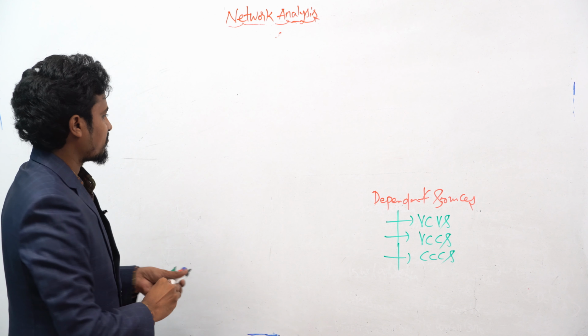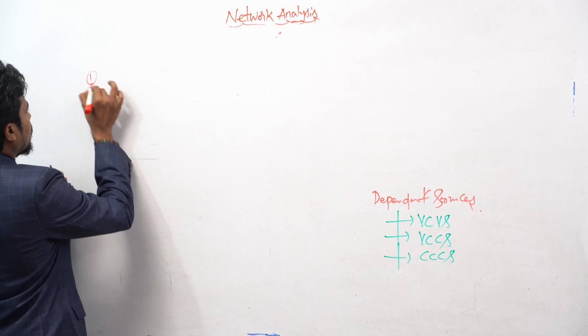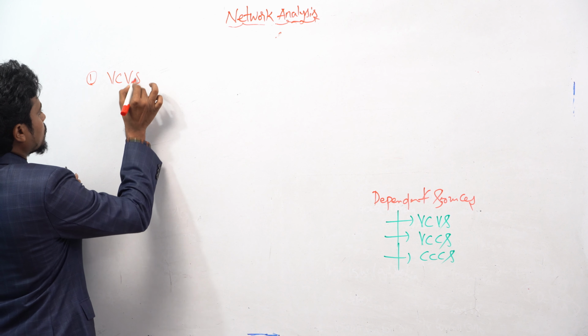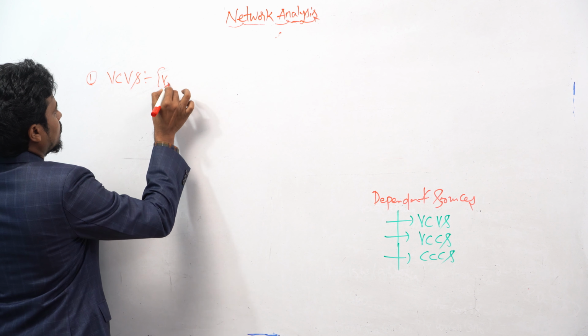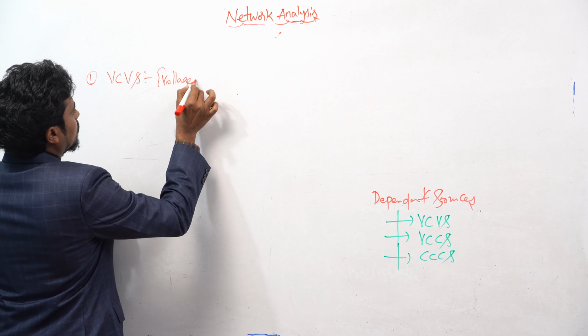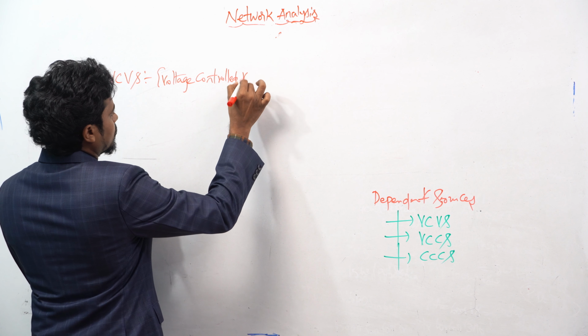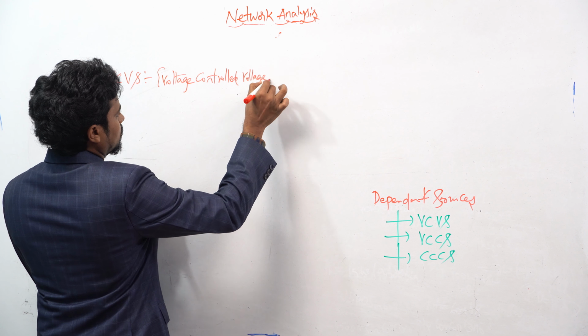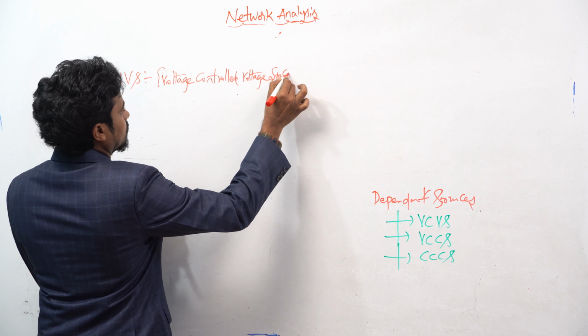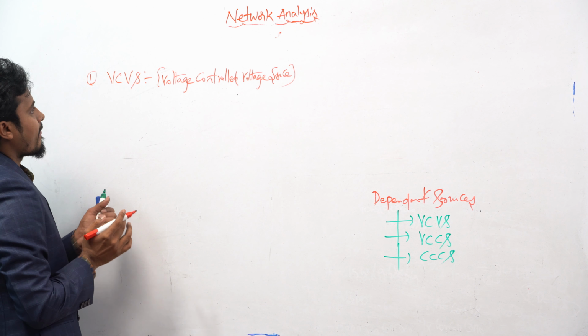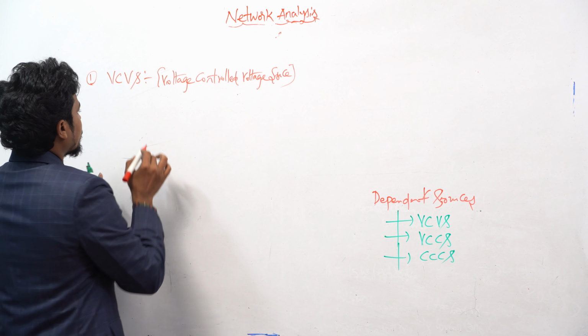So first is the voltage controlled voltage source. Let's see a simple circuit.